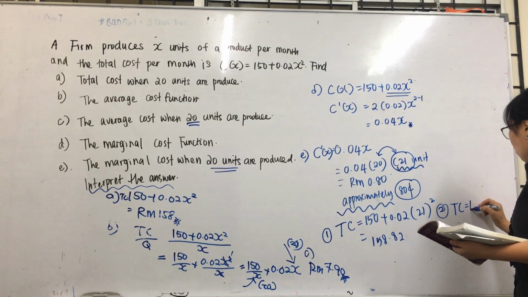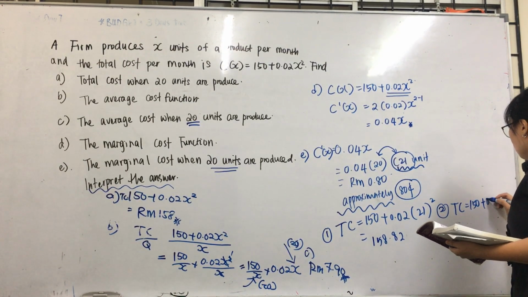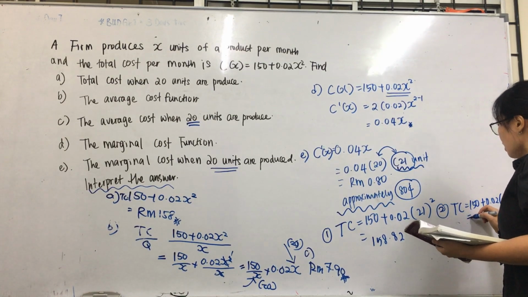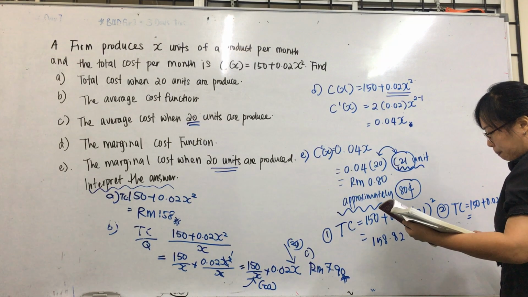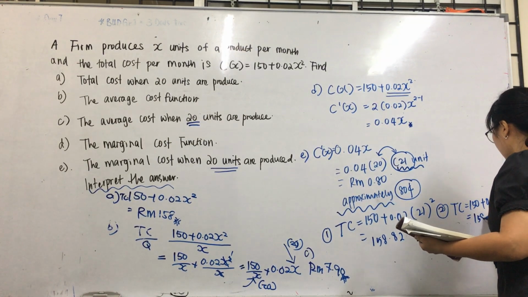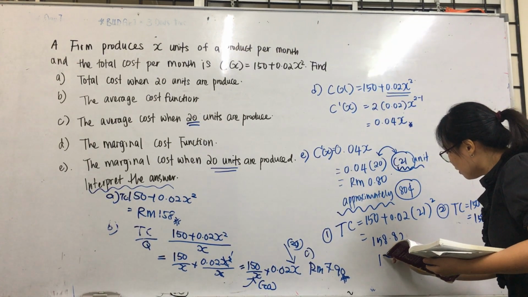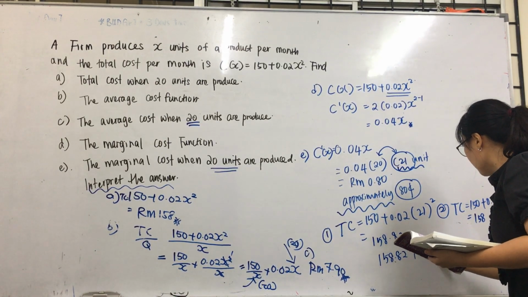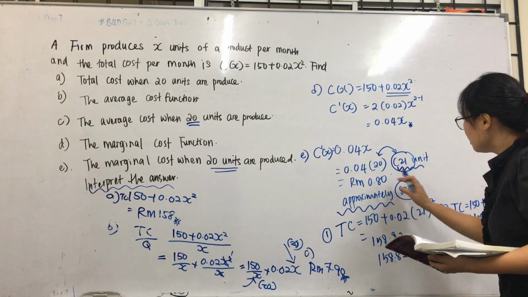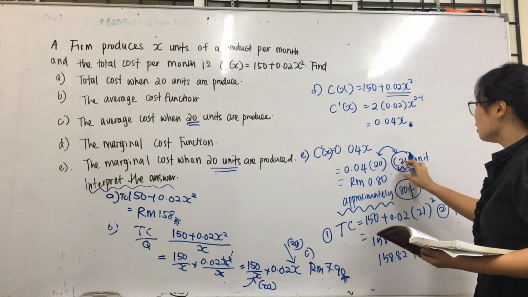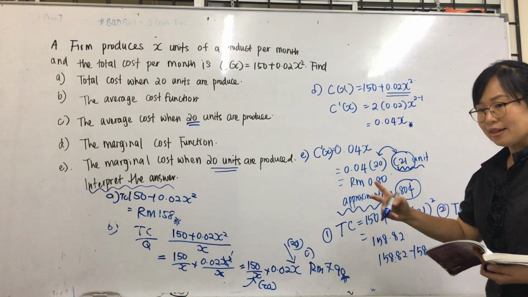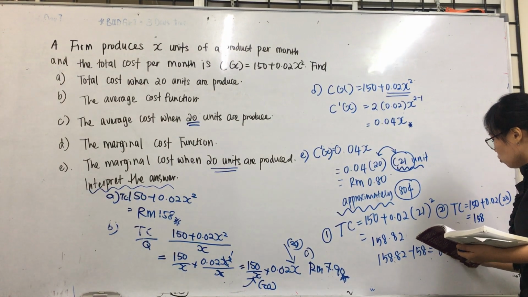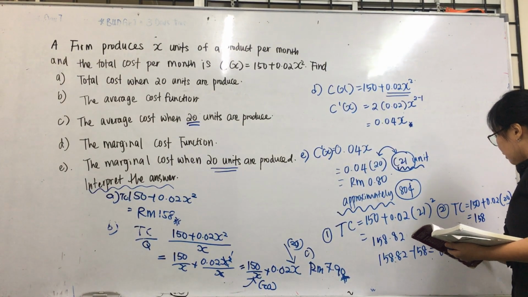This is the second one. Total cost equals 150 plus 0.02 times 20 squared. Okay, you will get 158. So 158.82 minus 158. So the cost of producing the 21st unit, your production cost is 82 cents.